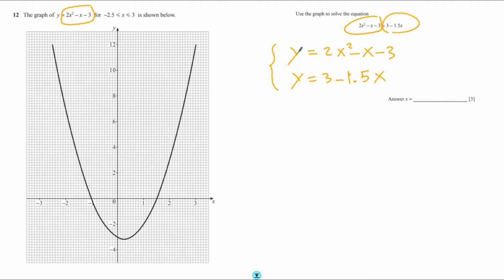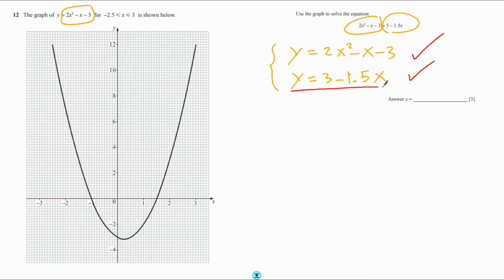In a way, the solution to that top equation is where this function intersects the second function. We already have the drawing of 2x squared minus x minus 3, because that is what we have been given between minus 2.5 and 3. We only need to draw y equals 3 minus 1.5x.